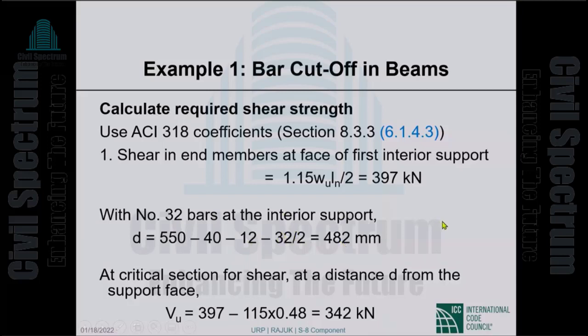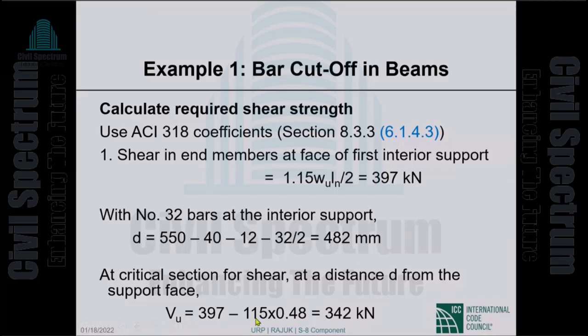That comes to 482 millimeters. So at the support face, we have a shear of 397. The effective depth is 482 millimeters. So the critical section is 482 millimeters from the support.